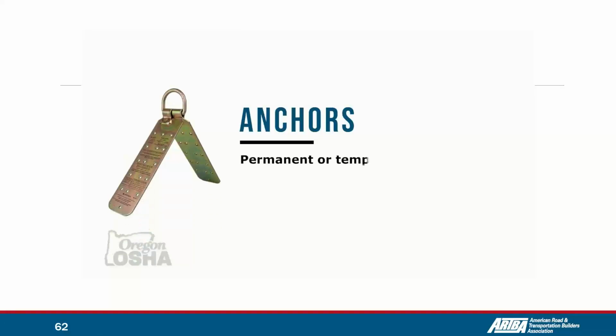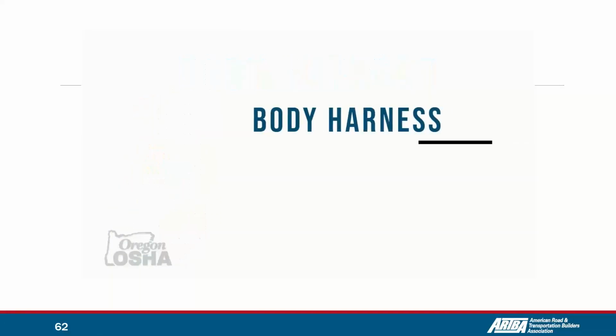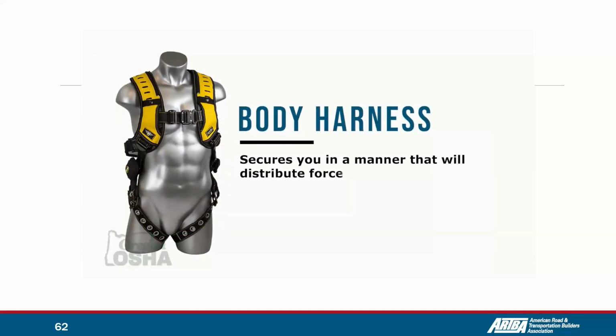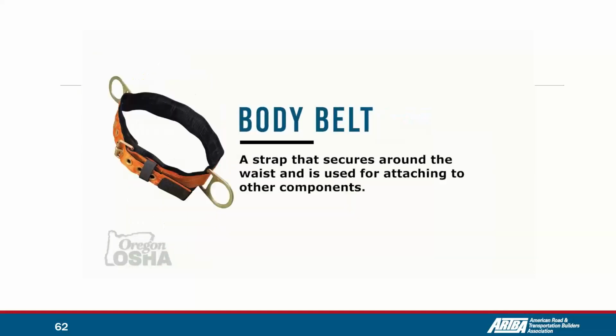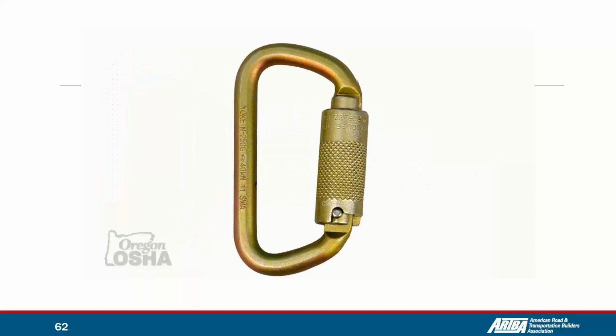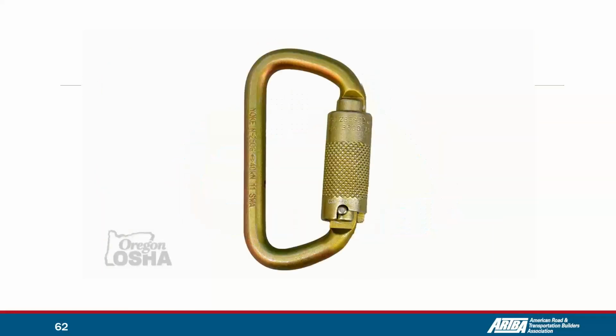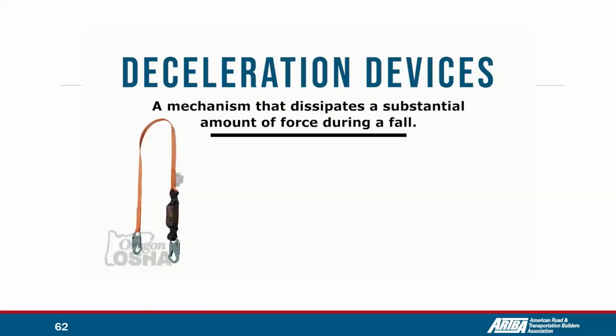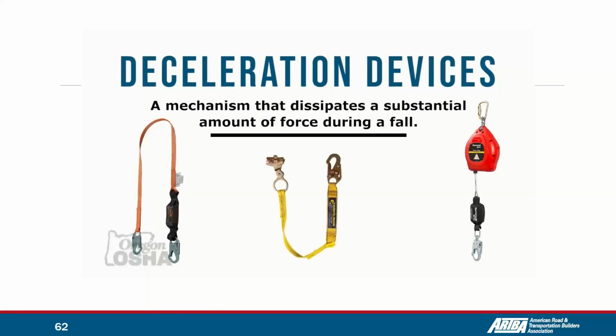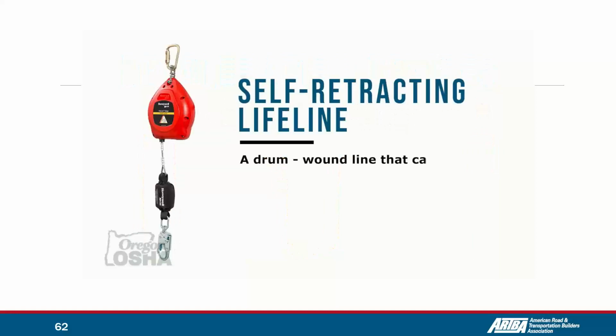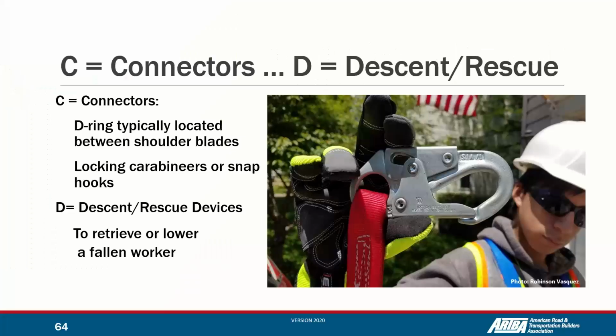Anchors are a secure point of attachment that depend on the type of job or two categories. Body harness is a piece of equipment to secure you in a way that secures around your waist and that can be open to attempting is auto-locking. It's always for your fall protection system. Since they must be consecutive, acceleration device is a mechanism. Shock absorbers or shocking lifelines and rope grabs. It's called yo-yos. System anchor point. These have more time to be rescued.